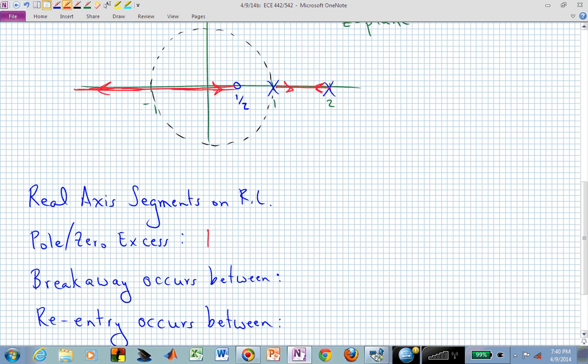In this case, the breakaway is going to occur between z = 1 and z = 2, and so we're going to have these two colliding, and it may not be centrally between 1 and 2. These may approach each other at a slightly different rate, and they may break away closer to 1 or closer to 2, and that's going to depend on the other poles and zeros distributed around those two in question.